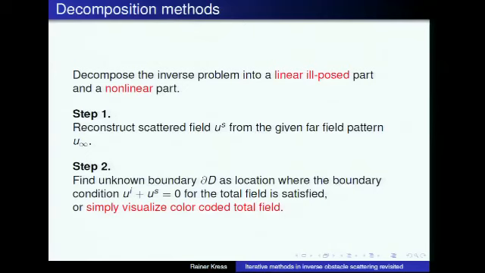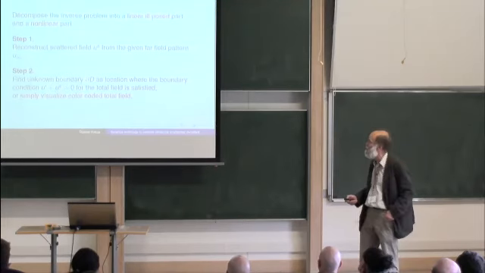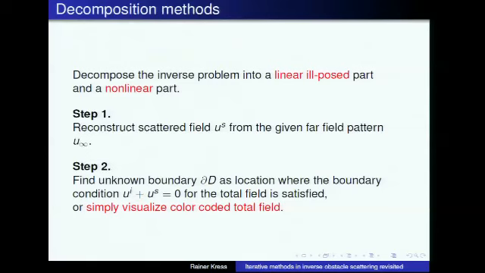The basic idea of the decomposition method is to decompose the inverse problem into a linear ill-posed part and a nonlinear part, to separate the two difficulties in the problem, the ill-posedness, which is the more severe difficulty, and the nonlinearity. Basically by first reconstructing the scattered field from the given far field pattern, which is difficult because we don't know what the domain is where we have to reconstruct the scattered field.